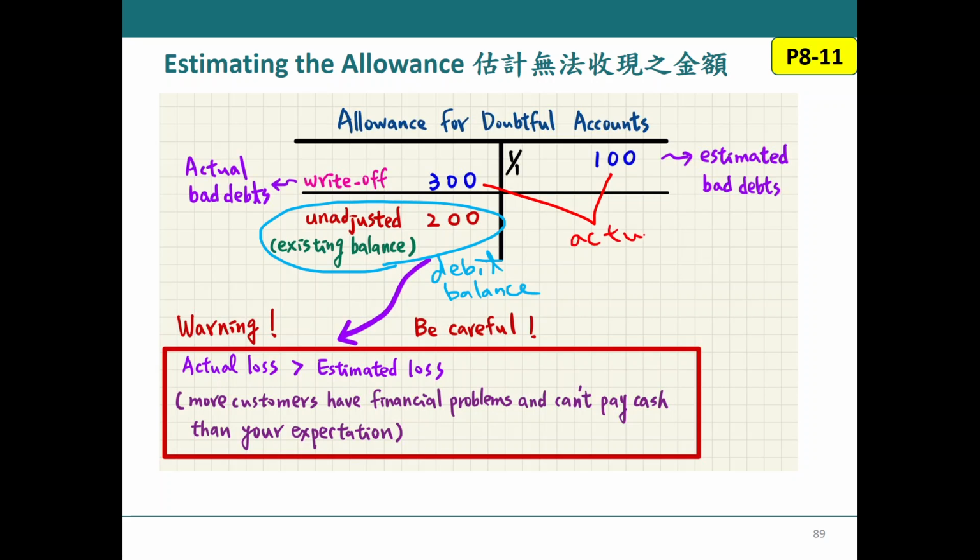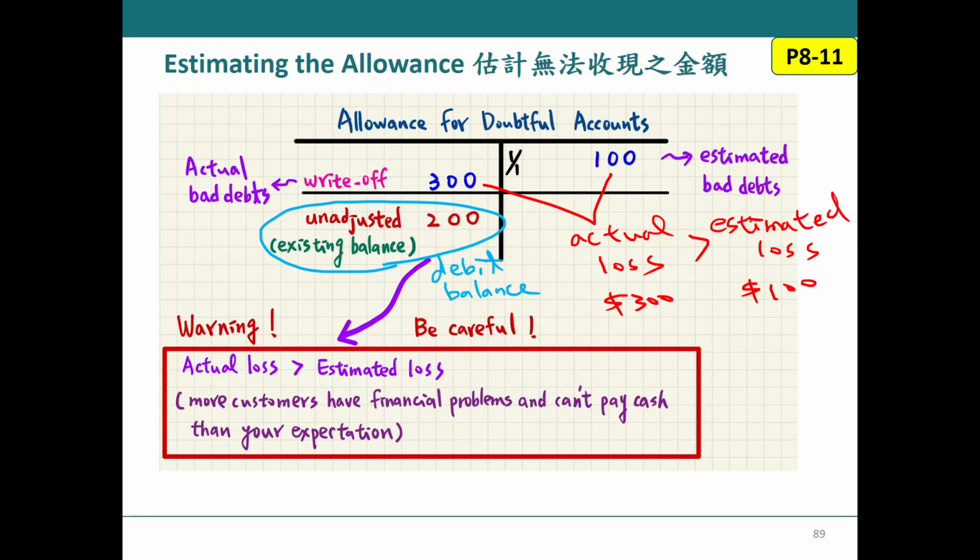Actual loss $300 higher than your estimated loss. Okay, so for this kind of situation, you should be very careful. Any questions? No problem. So that's some of the meaning behind the numbers you should understand.